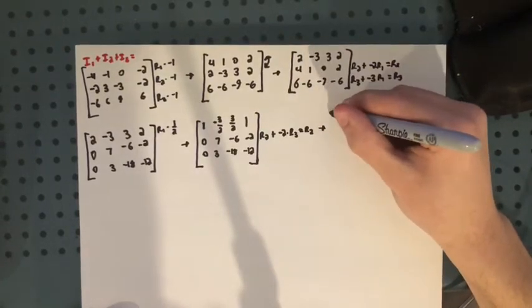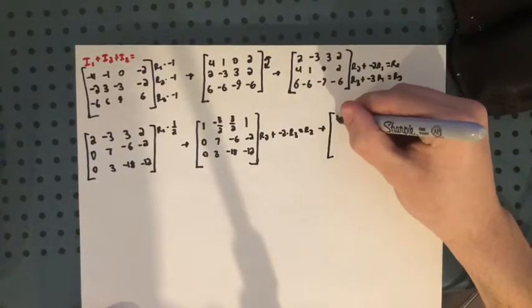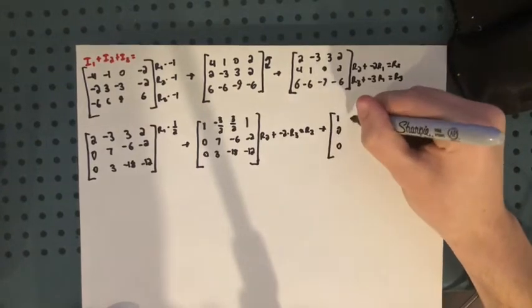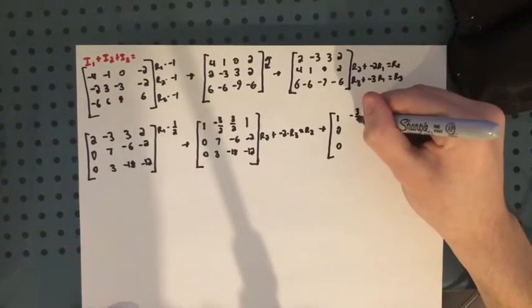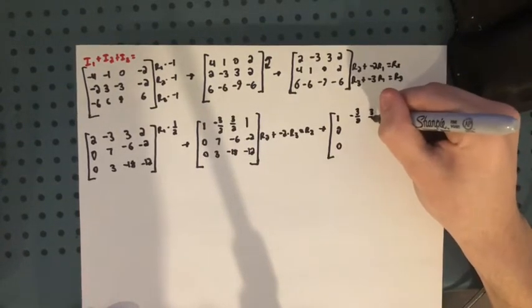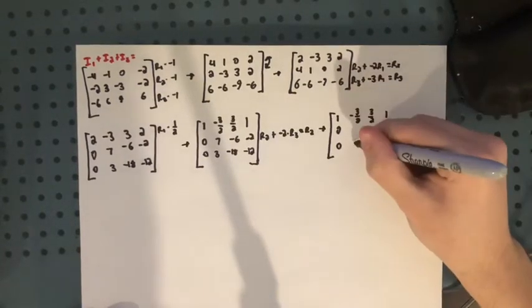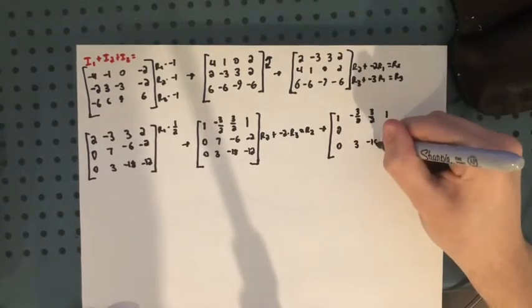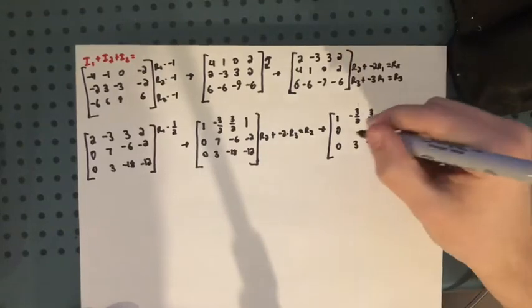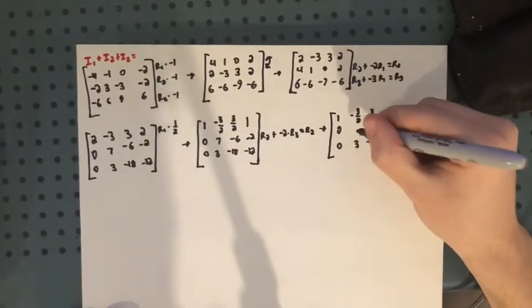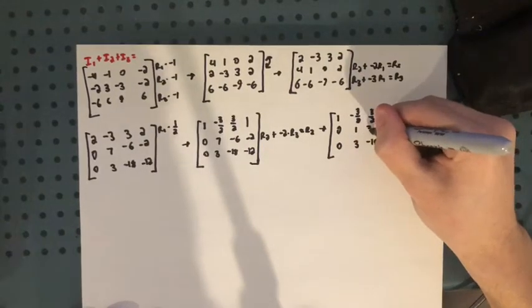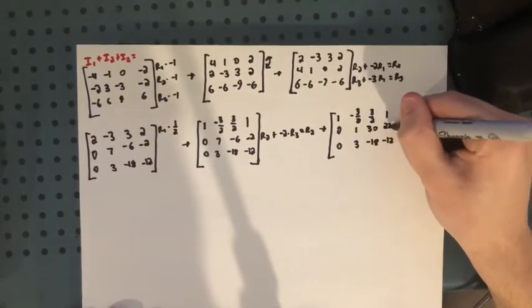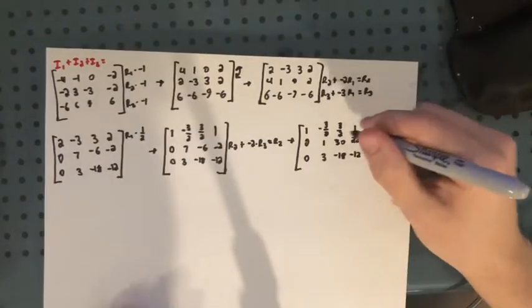So that makes our new matrix 1, 0, 0. We didn't change row 1, so we can just put that in. And we also didn't change row 3, so we can just put that in. And then right here, we're going to be left with 1, 30, 22, which is kind of messy, but okay.